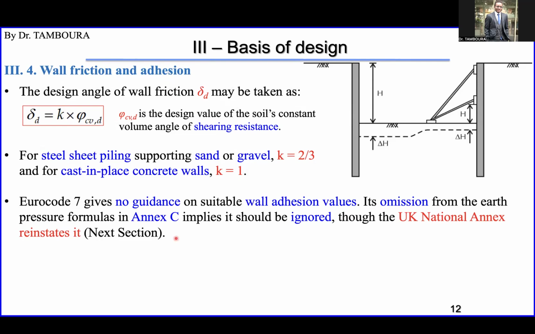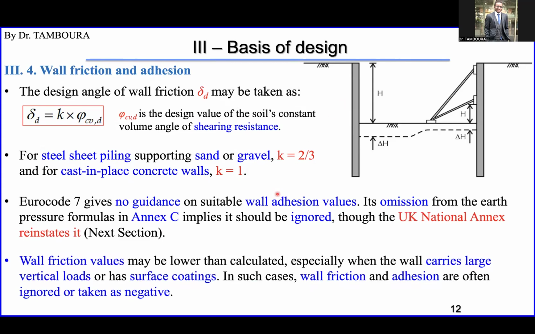So it means it is ignored completely, means zero. But in the UK the national annex included this kind of thing, and we will see it in the next lesson. So it is just included in the equation for stability, simply like that.